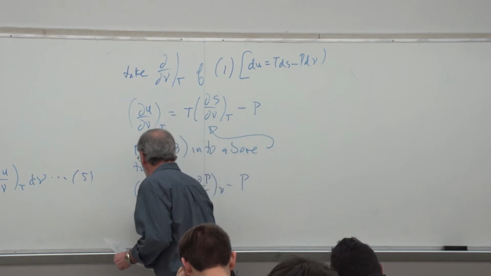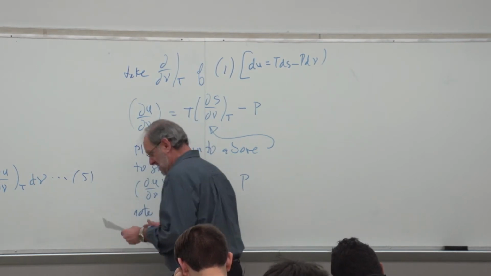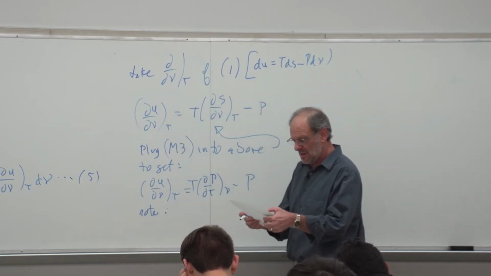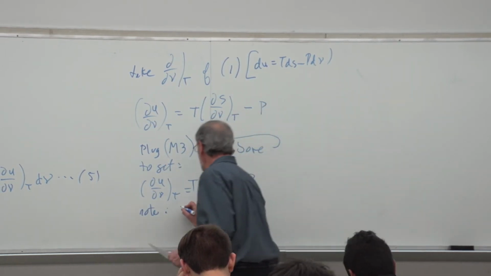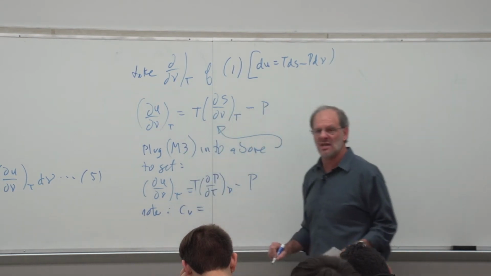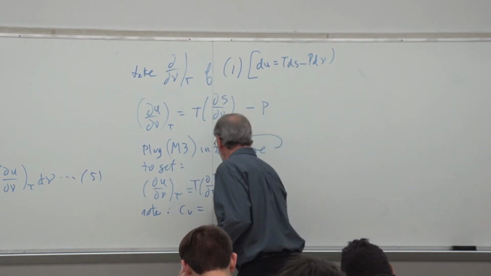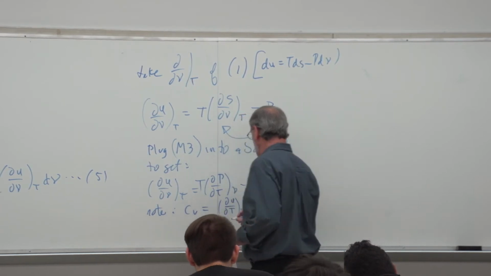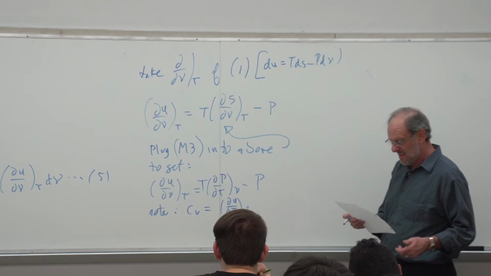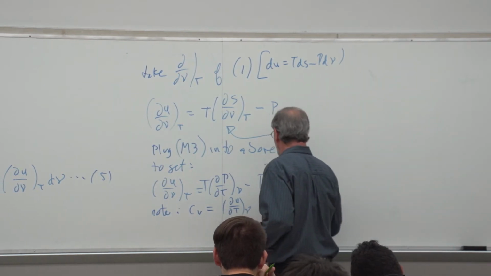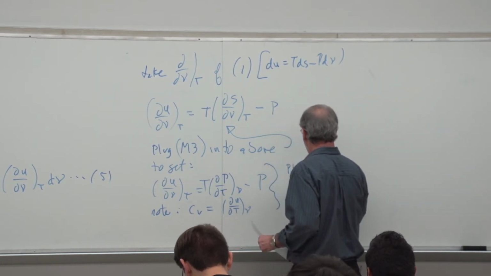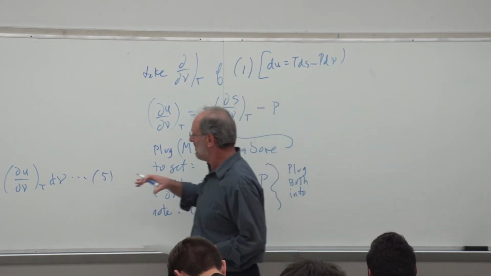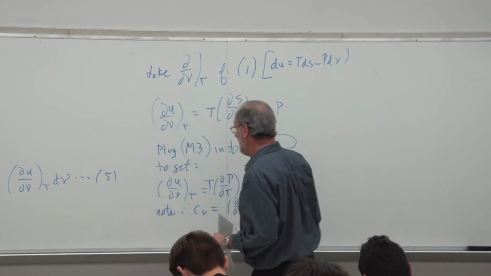Now let's also note that the specific heat at constant volume is defined as the partial of U with respect to T holding V constant. And what I want to do then is take both these equations and plug them all the way back into equation 5.